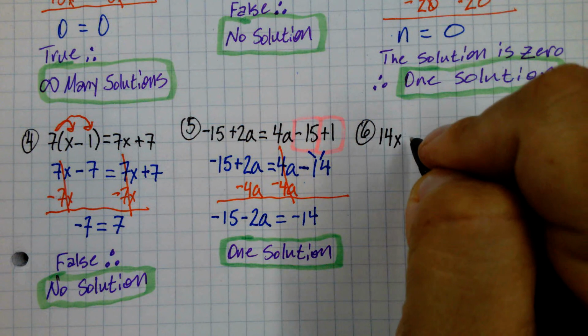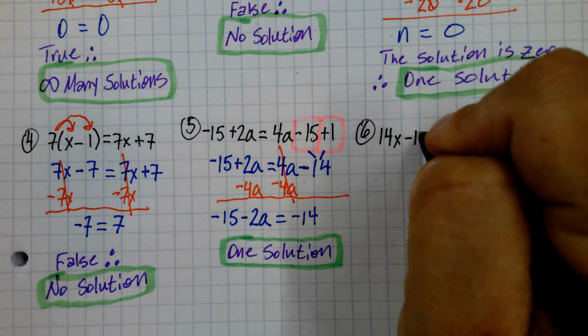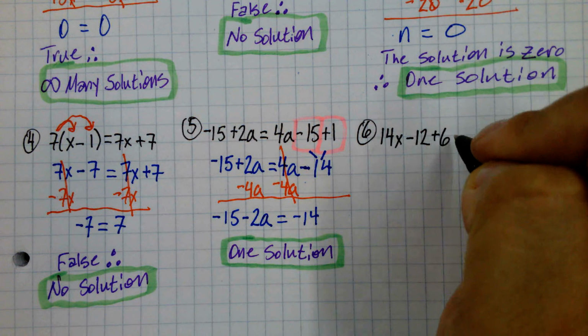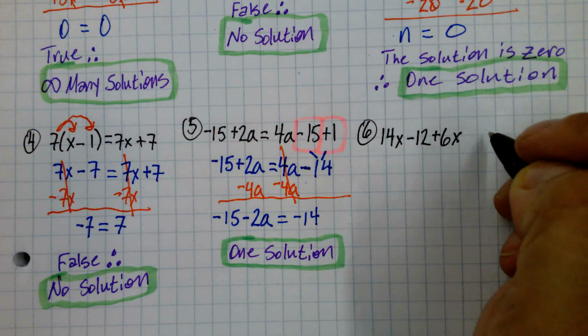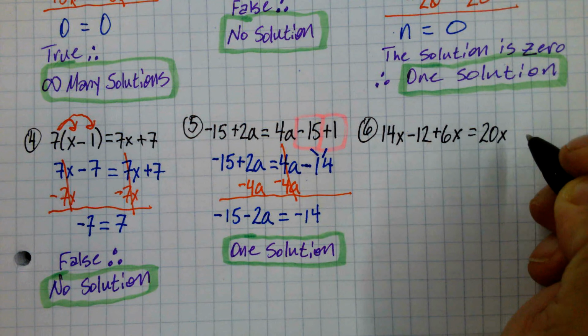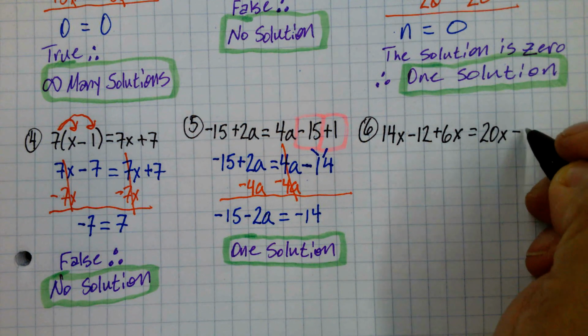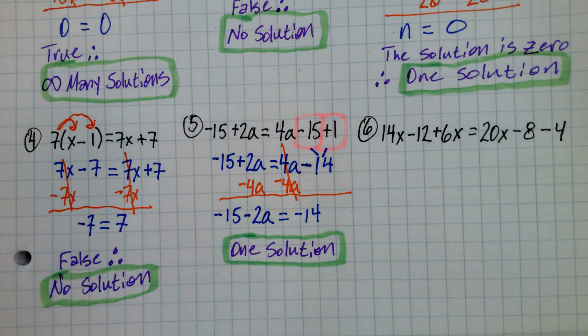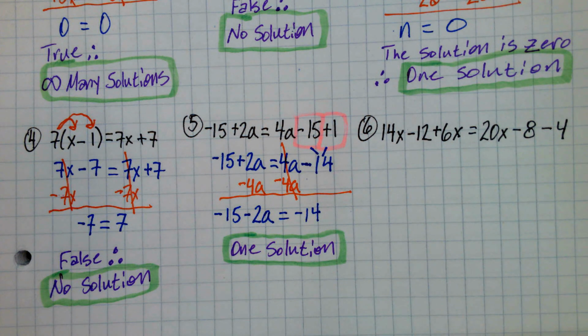14x minus 12 plus 6x equals 20x minus 8 minus 4. Okay. Got lots of stuff going on here.